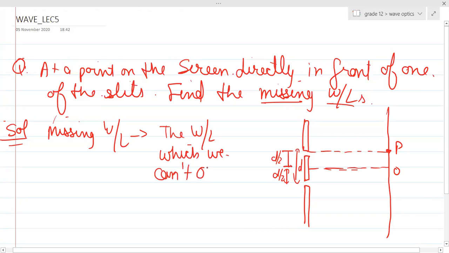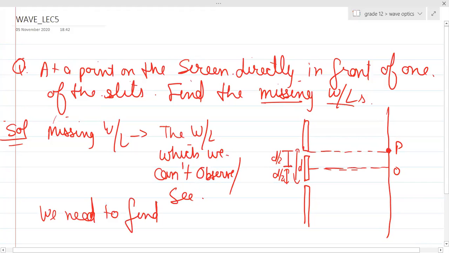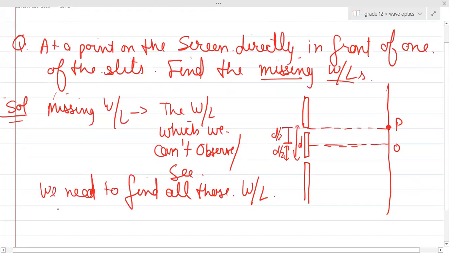So at point P, if they are asking for the missing wavelengths, it means you need to find all those wavelengths for which the intensity is 0.